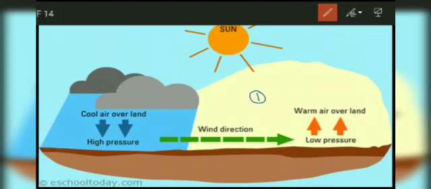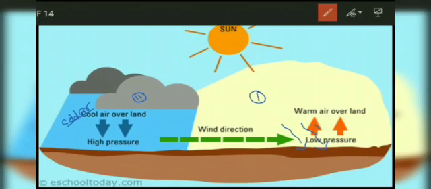Situation number 1, here the sun rays fall directly on the earth's surface. And situation number 2, here the clouds are there and rainfall is there, which means that the climate is a little bit cooler than that of the climate in situation number 1.